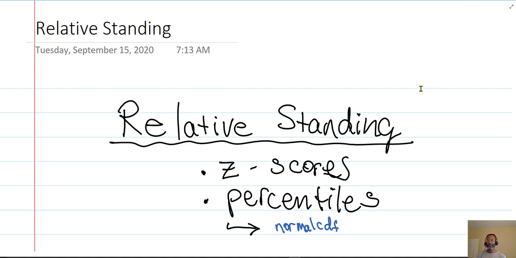So let's spend a few moments talking about relative standing. By relative standing, it's an idea that says, relative to your classmates, where do you stand compared to others? We're familiar, most likely, with a ranking system, right?